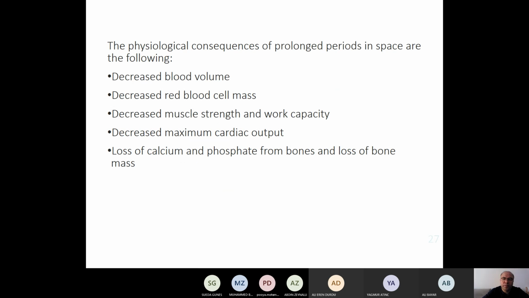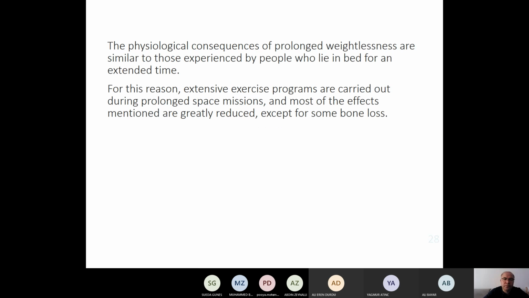Physiological consequences of prolonged periods in space are decreased blood volume, decreased red blood cell mass, decreased muscle strength and work capacity, decreased maximum cardiac output, and loss of calcium and phosphate from the bones, and loss of bone mass or development of osteoporosis.